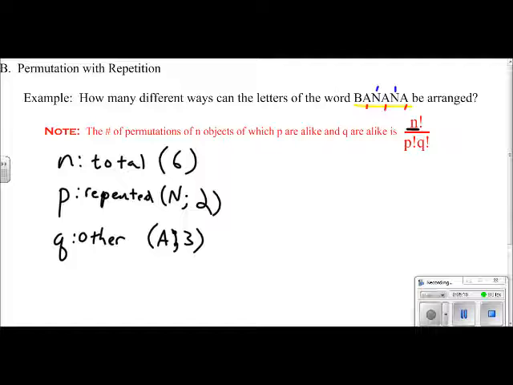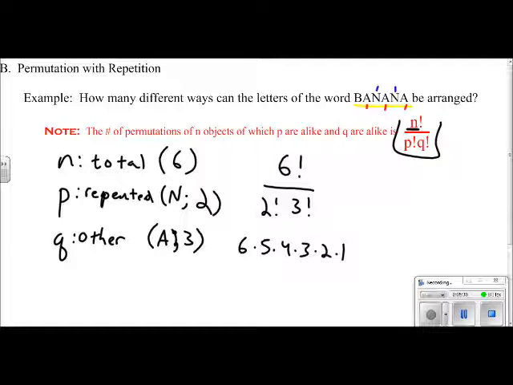So in this case, we are looking at 6 factorial over 2 factorial and 3 factorial for our P and our Q. If we were to spell this out, 6 times 5 times 4 times 3 times 2 times 1 over 2 times 1, which is 2 factorial, times 3 times 2 times 1, which is 3 factorial. Again, here we can see 3, 2, and 1, 3, 2, and 1.